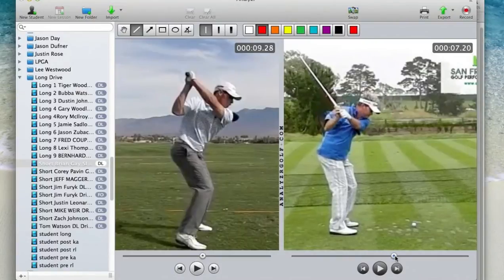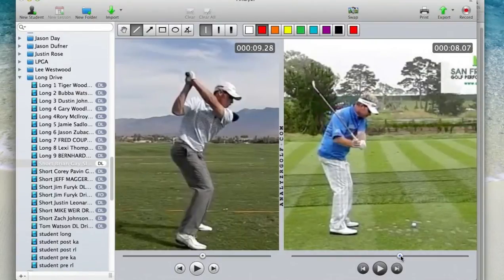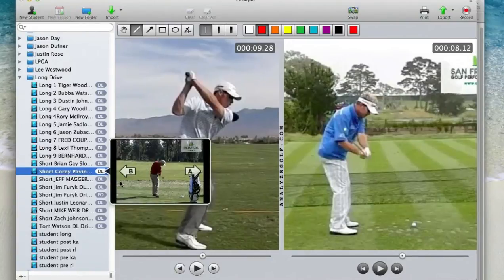But now if we come down, you can see that, yes, the lower body initiated the swing, but it doesn't get to parallel until his hands are about belt buckle height instead of chest height, or the arms are further down than that lead arm parallel that we were seeing with a lot of these long hitters. This is going to be a common theme that we're going to see with a lot of these shorter hitters.